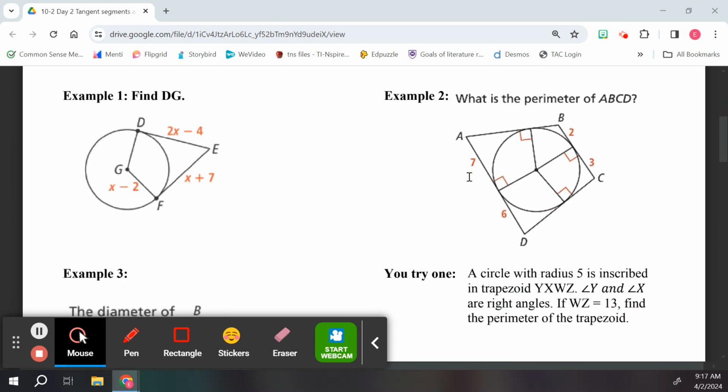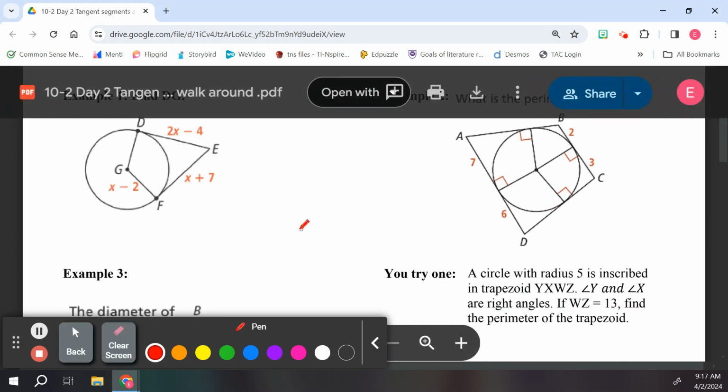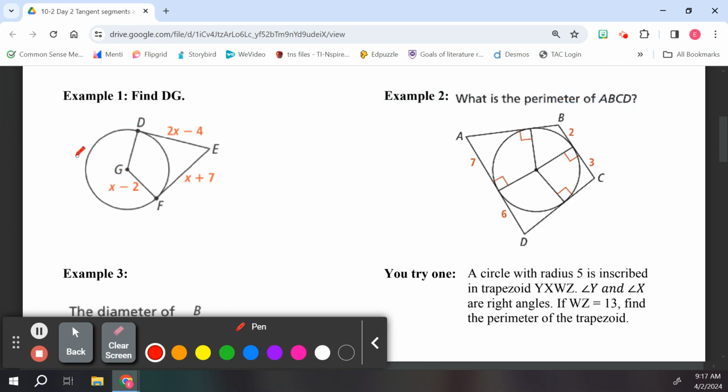So looking at example 1, find DG. Well, we can't really do much with the radius because we don't have anything there, but we do know again that this is congruent with this. So we're going to do 2x minus 4 equals x plus 7.